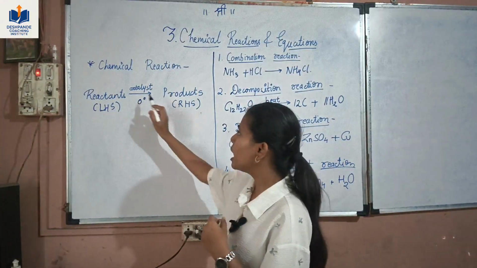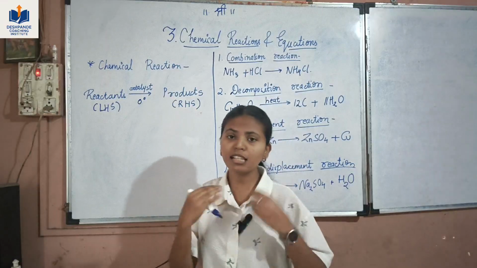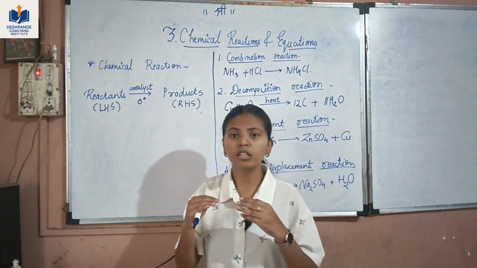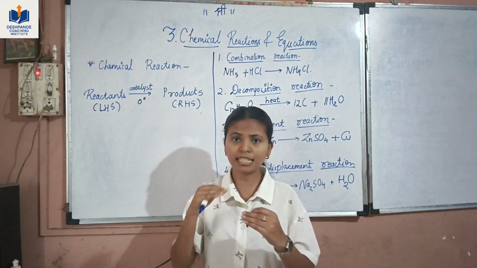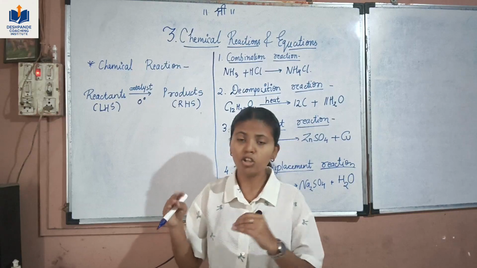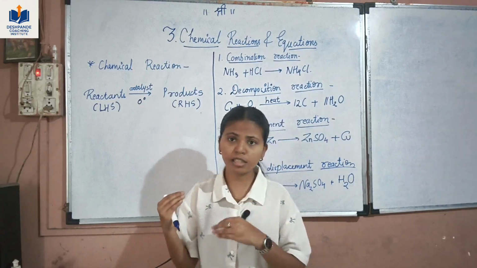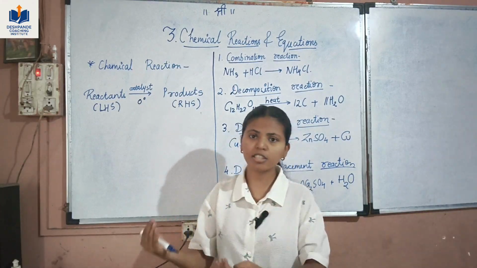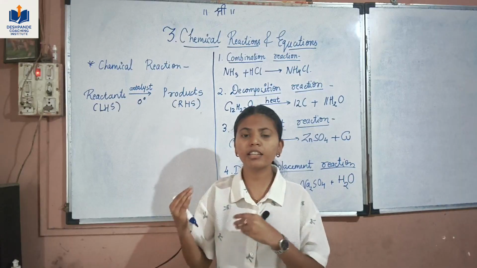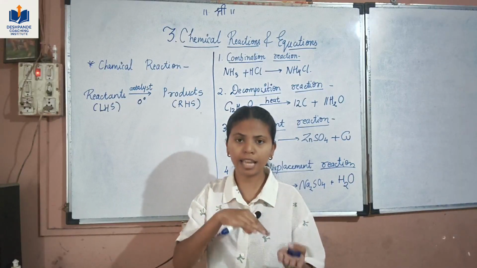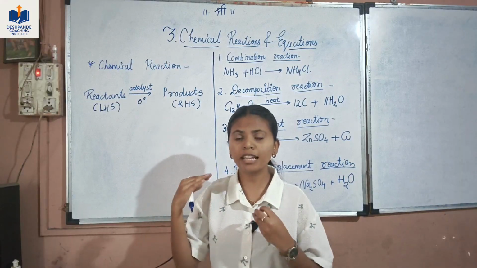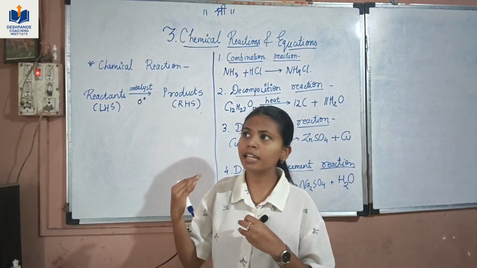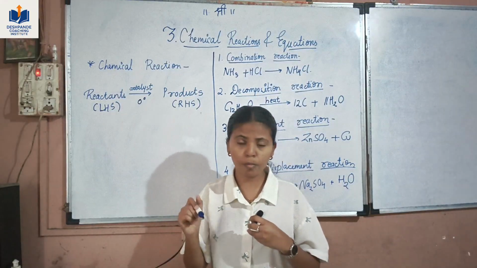And what is a catalyst? A catalyst is a substance which, by only its presence, accelerates the reaction. It doesn't take part in the reaction, but it increases the rate of converting the reactants into products. We can take an example like how we study at home.